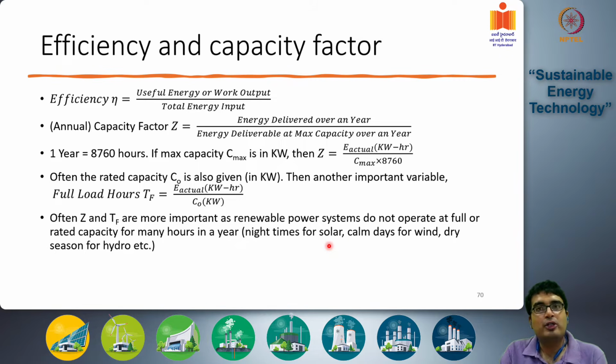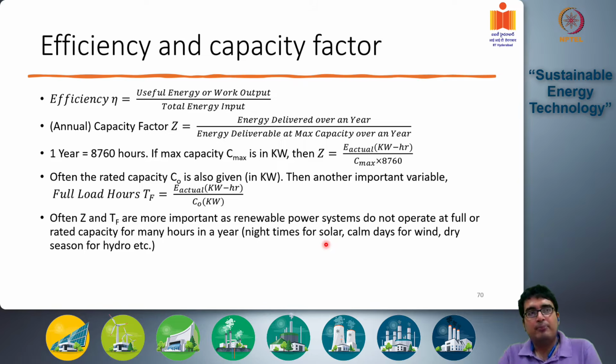So over the course of a 24-hour day, for 12 hours, it's non-operational. Clearly then, its capacity factor can never exceed 0.5 and its full load hours can never exceed 8760 by 2, which is around 4,300 hours. That is the maximum possible, if it was running at rated capacity throughout the daytime period. Even then, that's the maximum capacity factor it can deliver.